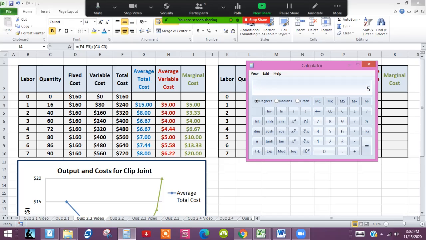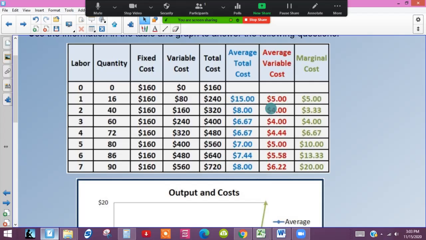So they're asking us to figure out the one for 40. So we simply take the difference in the cost going from 1 to 2. So right here, do you see where my cursor is? Right here, 40. So I'm going to subtract 240 from 320.